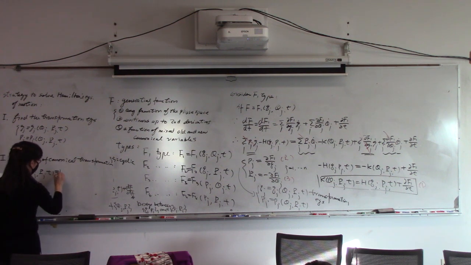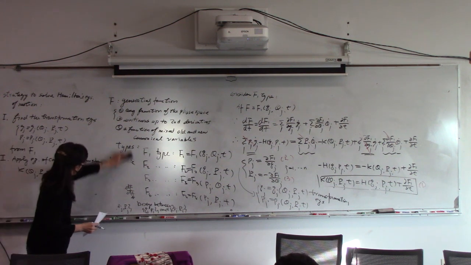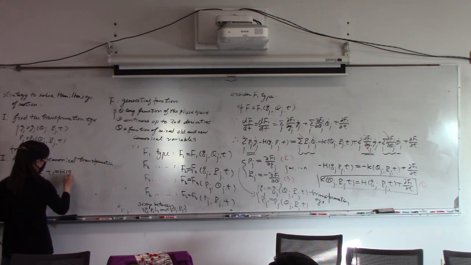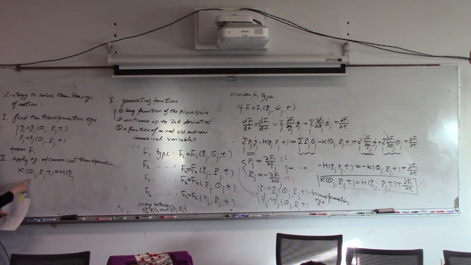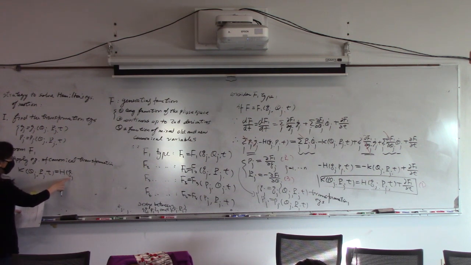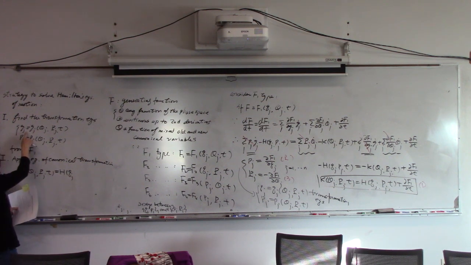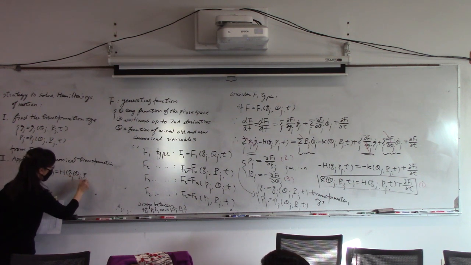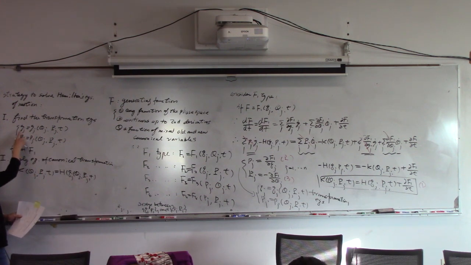So this is the old one here, and this is new. But because we have found this, you are going to transfer the old coordinates to the new ones by this. When you substitute, here I'm going to use Q as a function of capital Q_J, capital P_J, and time. So that's the first step: find the transformation equation.